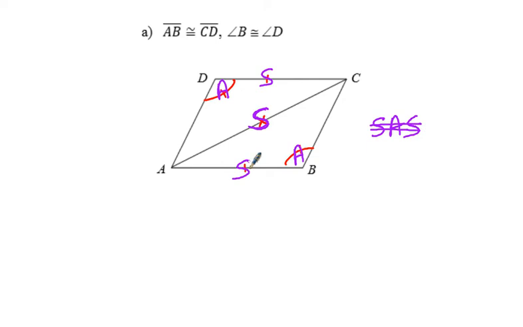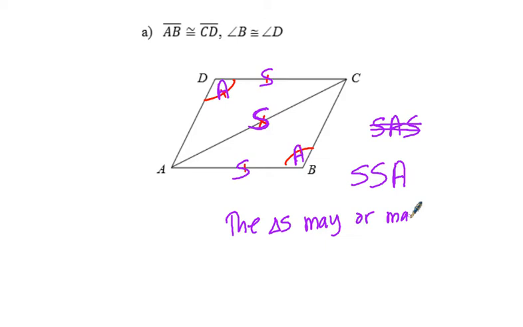Instead, we have the side-side-angle case, and we know that this is the swinging door case, so the triangles might not be congruent. So I'll state my conclusion. The triangles may or may not be congruent. We can't tell. Alright, so that's the solution to part A.